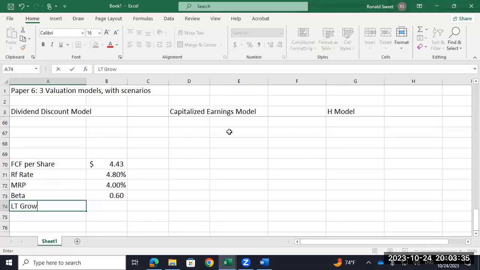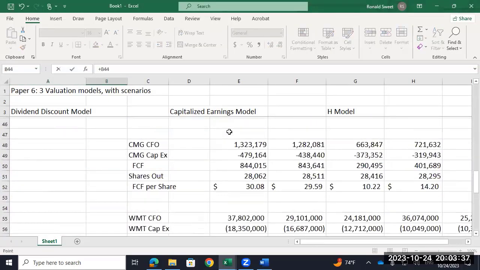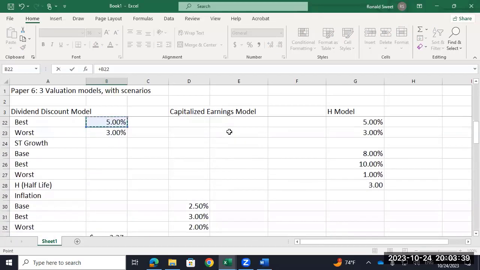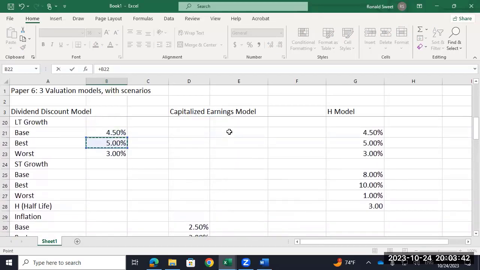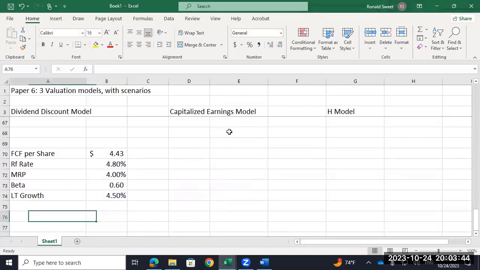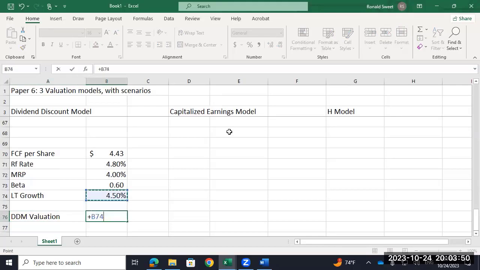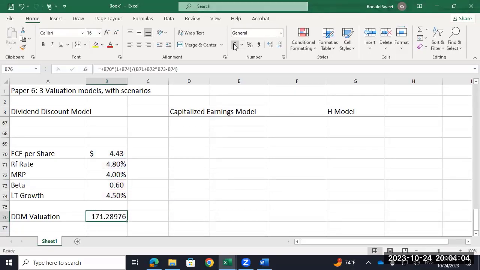My long-term growth, 4.5. All right, and so dividend discount model valuation, do it again. Risk-free rate plus market risk premium times beta minus long-term growth, 171.28.